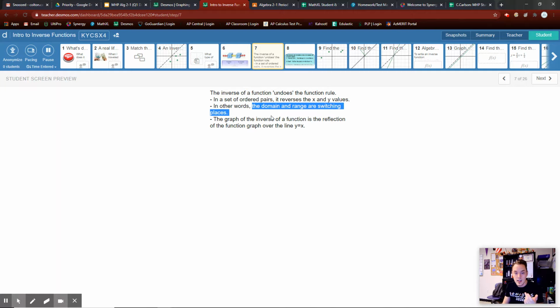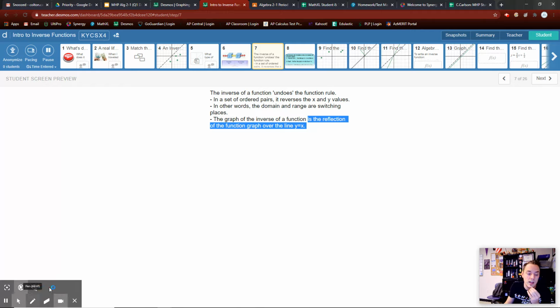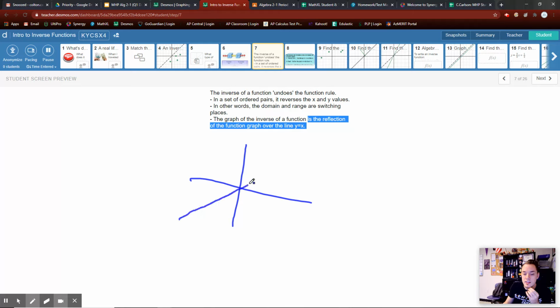Interesting. The graph of the inverse of a function is the reflection over the line y equals x. What's the line y equals x? It's this line that kind of cuts straight up in the middle. This is y equals x. This is also what we call the identity line.